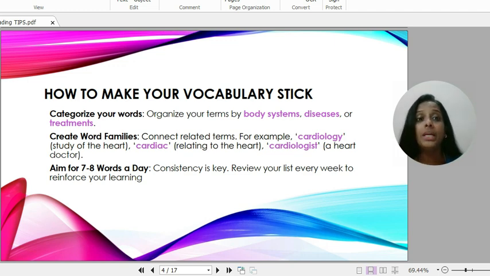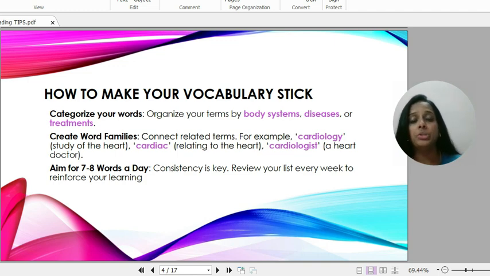Organize your vocabulary by areas such as body systems, for example cardiovascular or respiratory, or by diseases or conditions like diabetes, pneumonia, or through treatment modalities like pharmacology, surgery, right? This approach helps you mentally organize terms and reinforces their meanings in context.